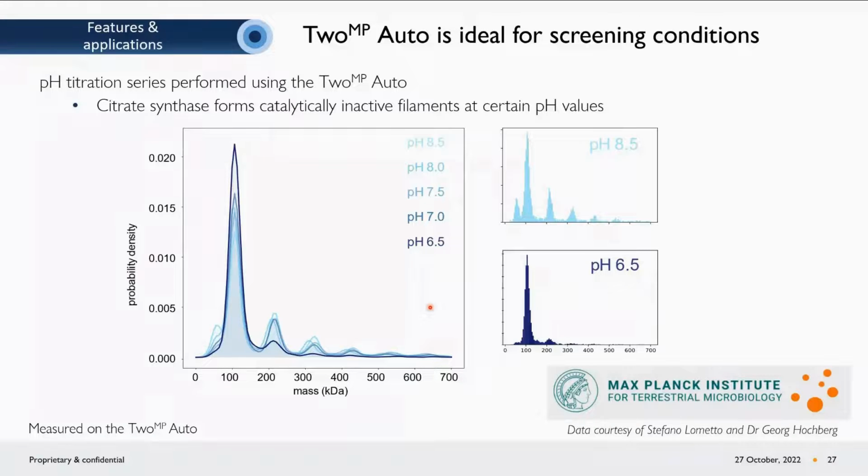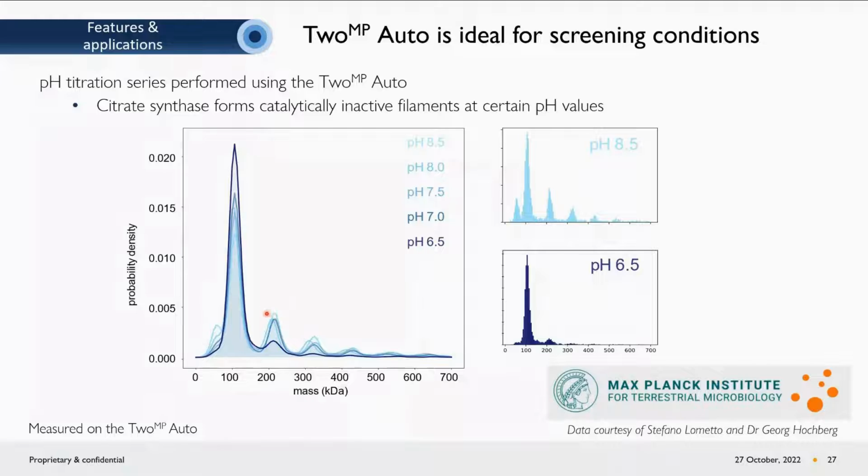You can also use the system for screening conditions. This is another result from Gareth Rogers' group, where they looked at a citrate synthase, which forms catalytically inactive filaments at certain pH values. So they wanted to see what the extent of these is at certain pH values.